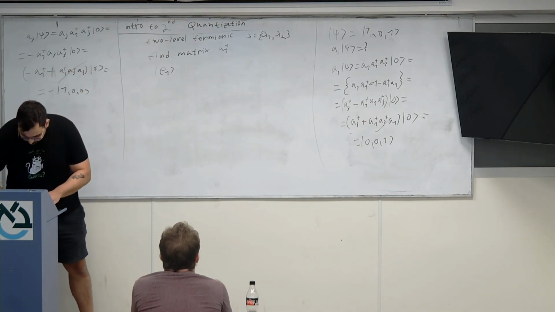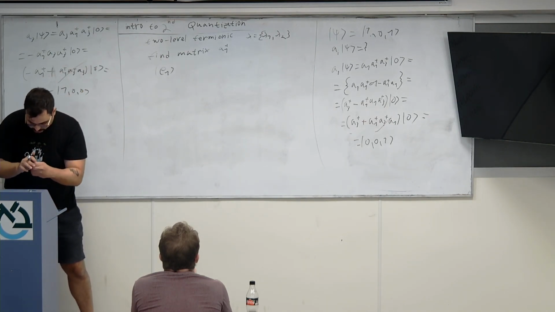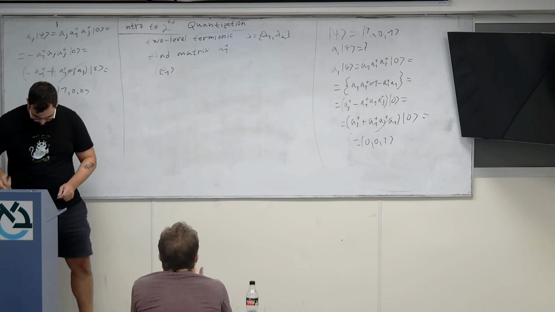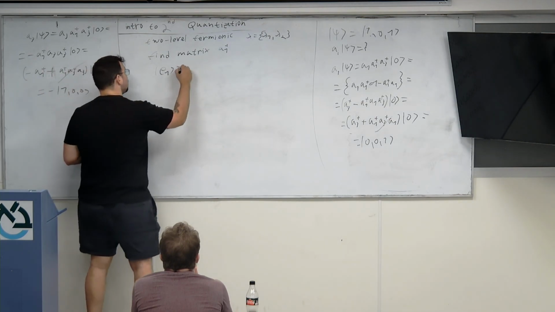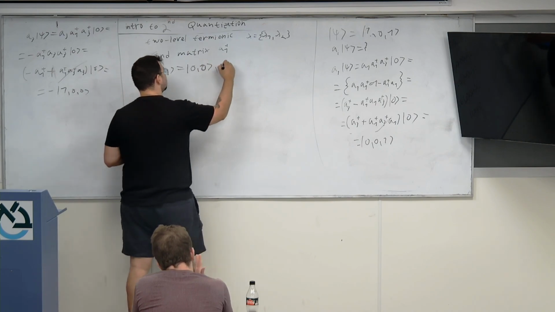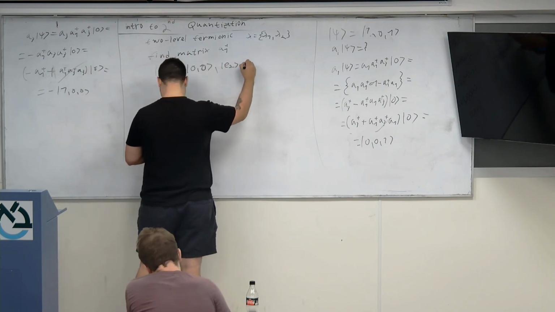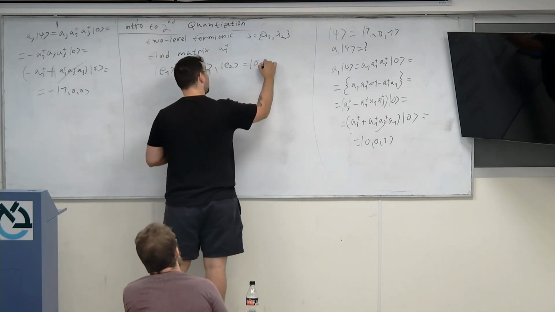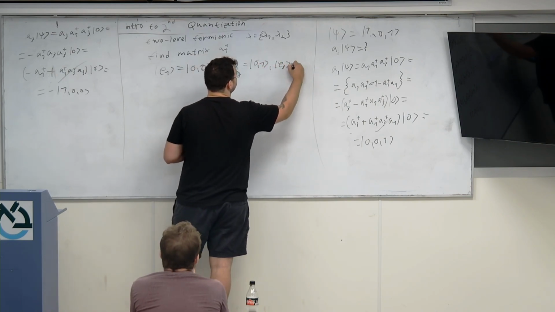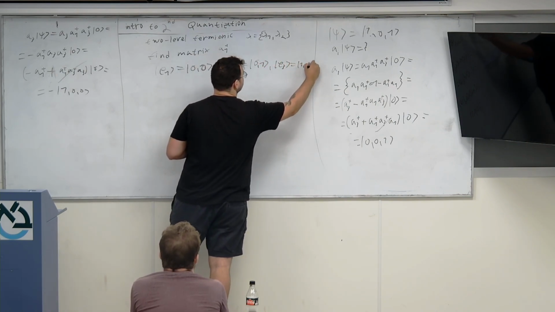I hope I have enough markers this time. E1 equals 0, 0; E2 equals 0, 1; E3 equals 1, 0.